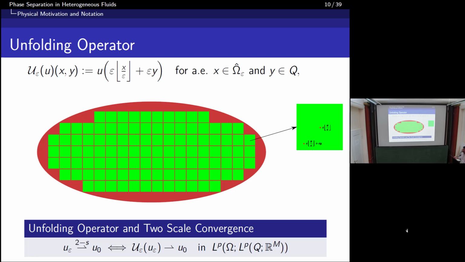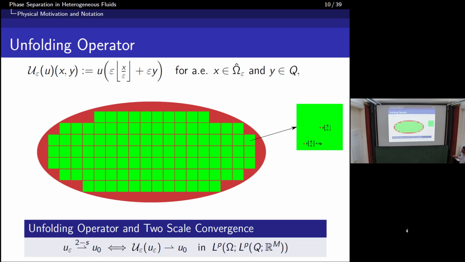So this weak two-scale convergence is the same thing as saying that your unfolded function just converges weakly in L^p of the product space. So how does this work? Given a point (x, y), your x selects which part of the grid. So you take a grid of size epsilon and you exhaust your domain with it.